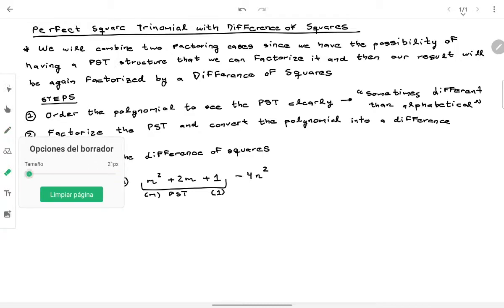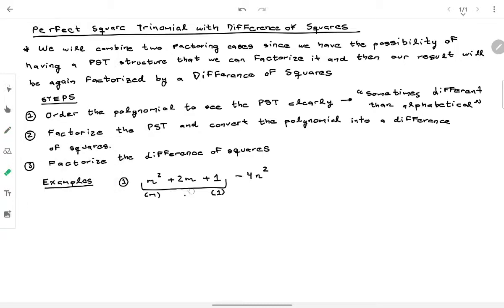And if we multiply those times 2, we will get the middle one. So this one is a perfect square trinomial, so we can factorize it as m plus 1, all of it squared, minus 4n squared.